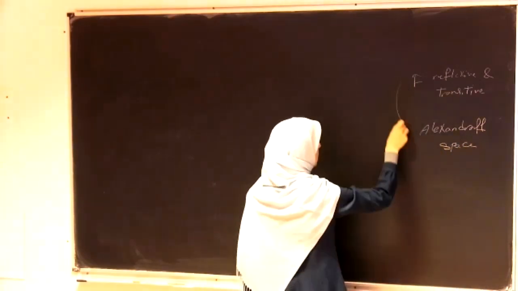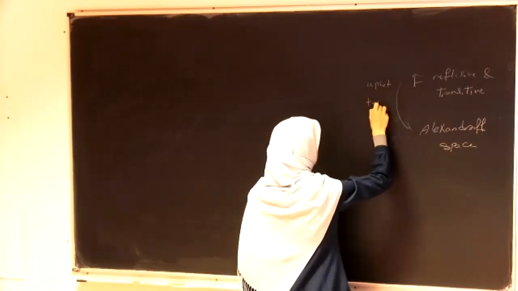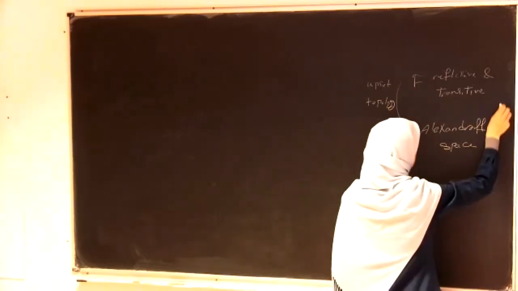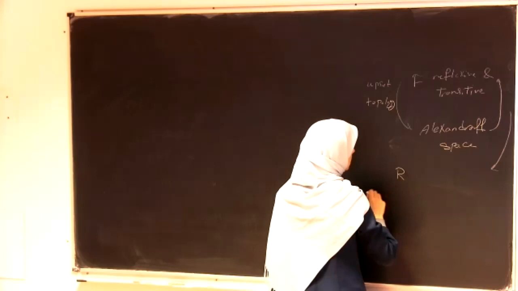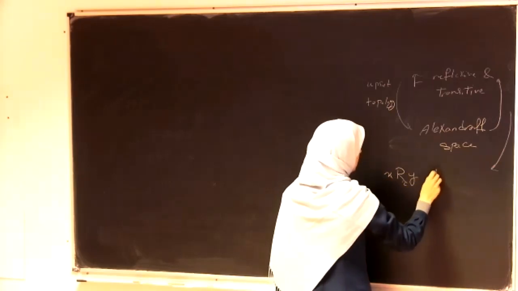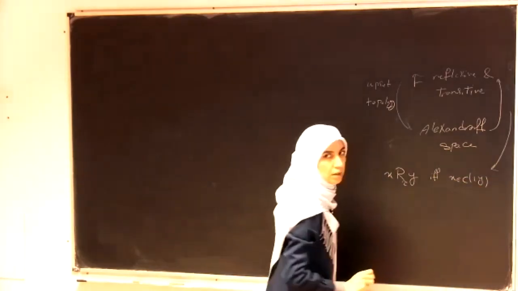From here to here, we define the up-set topology. And to go from this side to this side, we define the specialization order, which says that X is related to Y if and only if X is in the closure of Y.